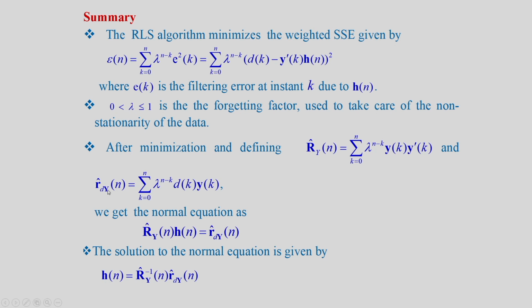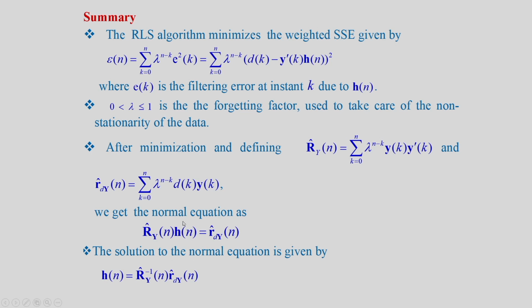Similarly, R dy hat n is defined by this quantity. This is the estimator for the cross correlation function. So, we get the normal equation: autocorrelation matrix into h n is equal to the cross correlation vector.